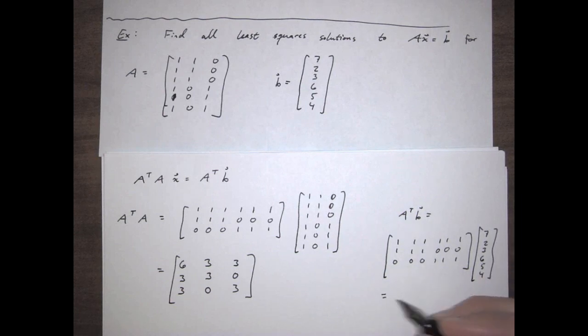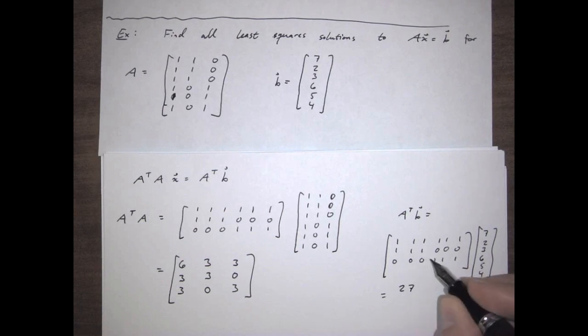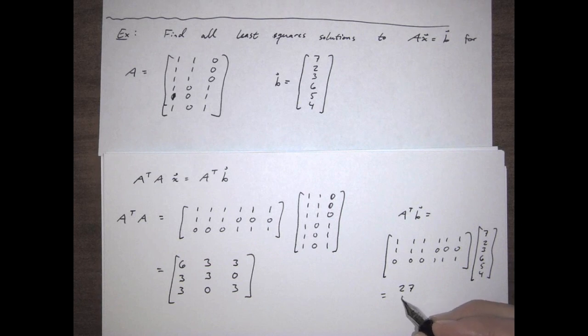So the first entry is just going to be the sum of all these. So 7 plus 2 plus 3, that's 12, 18, 23, 27. This is going to be the sum of just the first 3. So 7 plus 2 plus 3 is 12. And then this is going to be the sum of just the last 3. 6 plus 5 plus 4 is 15.